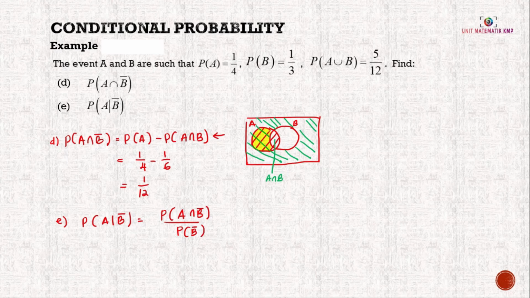The probability of A intersect B bar is 1 over 12, we already got it from question D, and then divided by probability of B bar, which is 1 minus probability of B, so 1 over 3. Then we simplify in the calculator and we will get 1 over 8.